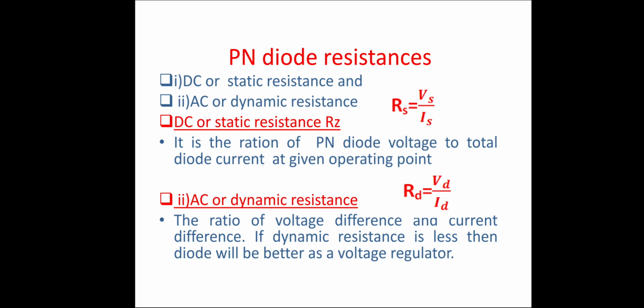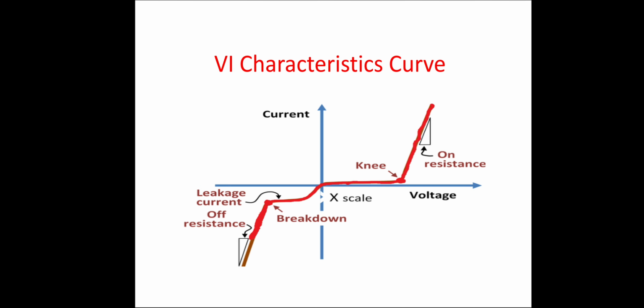Now using this graph, we can calculate two types of resistance: DC or static resistance and AC or dynamic resistance. DC or static resistance is found using Ohm's law, that is R equal to Vs by Is, whereas dynamic resistance or AC resistance is found by taking two values. I can show you from the graph. Cut the graph at one point using horizontal and vertical lines.